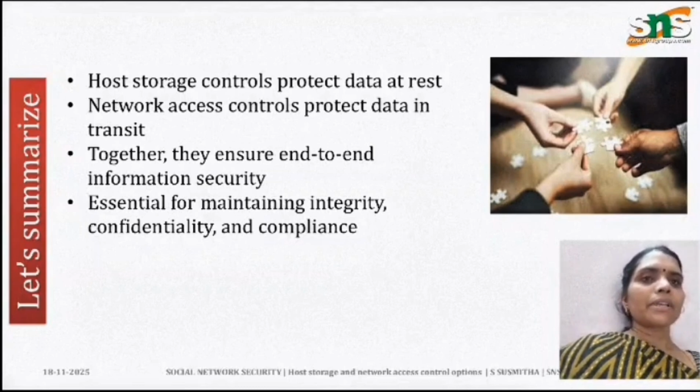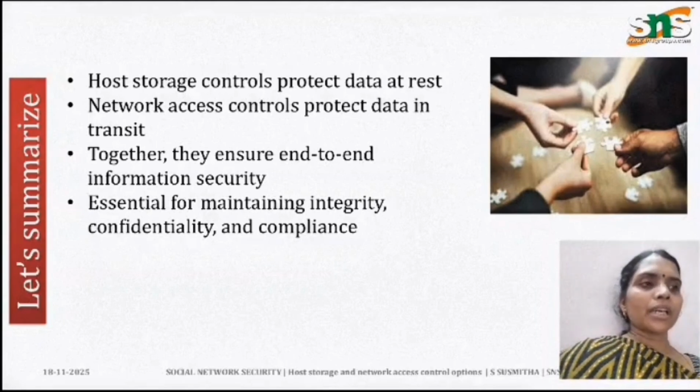In a real world application, a college computer lab is used to store student data and restrict lab systems from accessing admin networks.